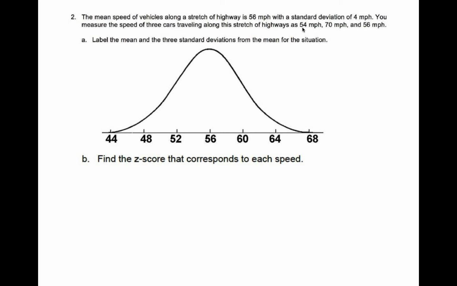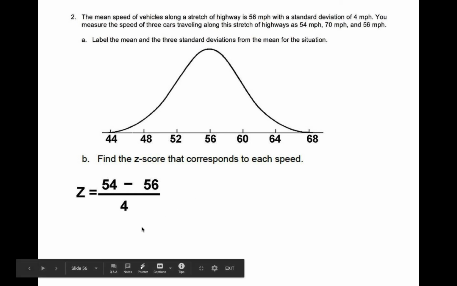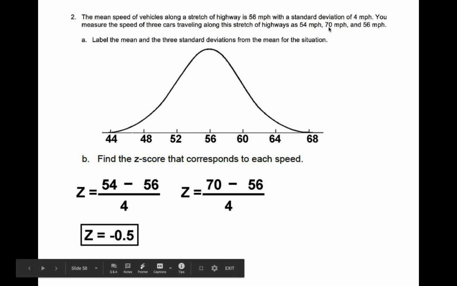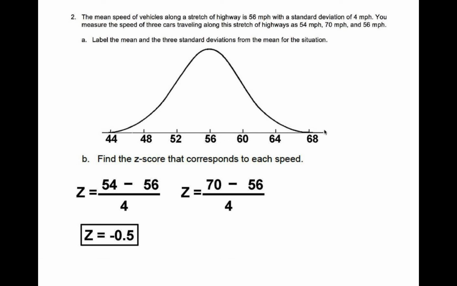So starting with 54, notice 54 is below the mean. So it's 54 minus the mean over the standard deviation. So this will give me a negative 2. Again, it's negative because it's below the mean. Negative 2 divided by 4 would be negative 0.5. For 70 miles per hour, notice that's above the mean, by 1, 2, 3, and then some over here.